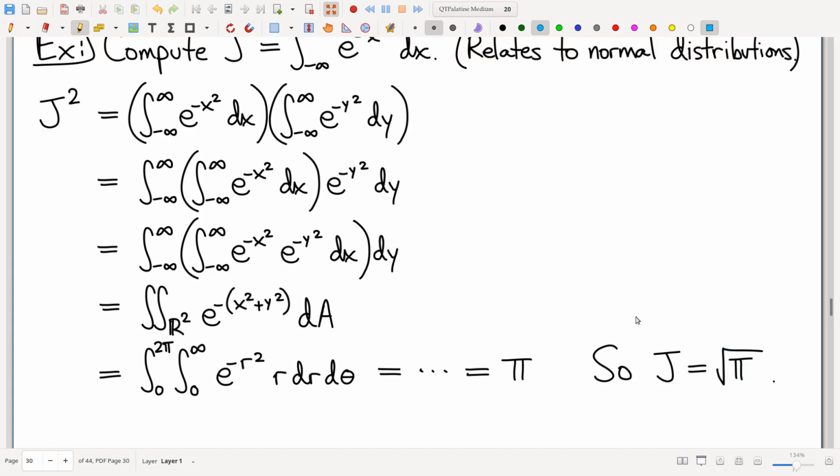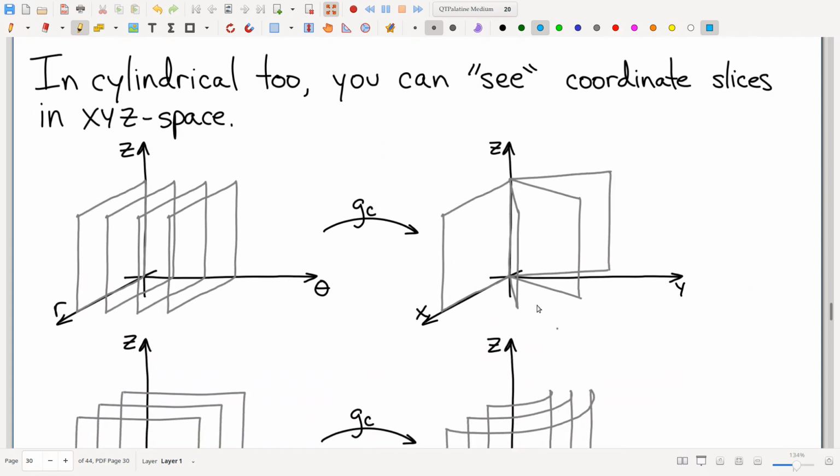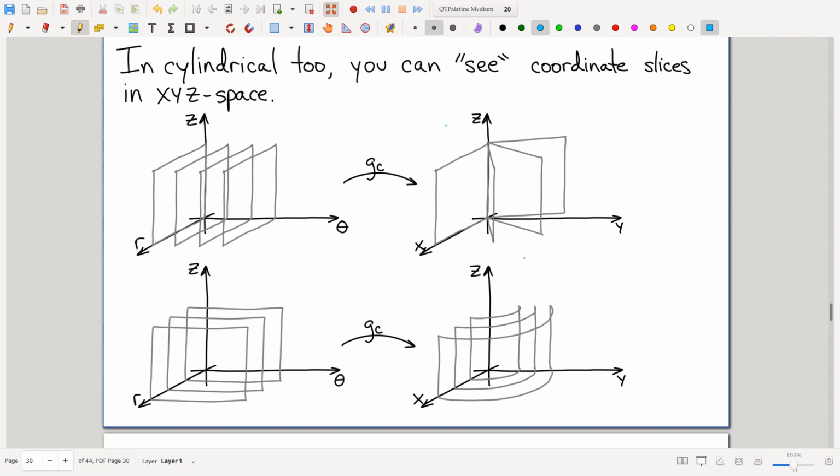Okay, so that's polar coordinates. Now we're going to move on and talk about cylindrical coordinates, cylindrical coordinate integrals. Same deal pretty much. When you're doing an integral in cylindrical coordinates, you're just using cylindrical coordinates as a change of variables function, which means you're going to have a pullback domain of which you will be taking various slices.